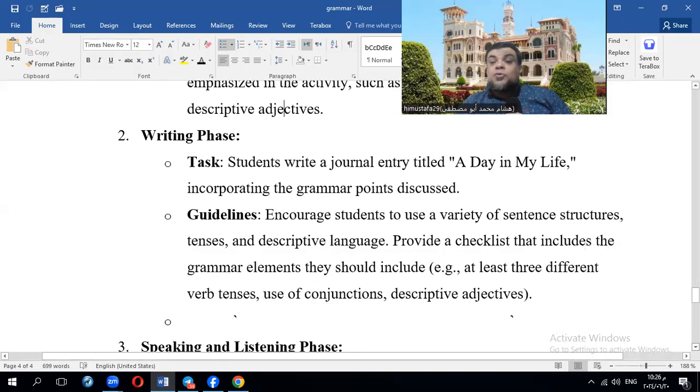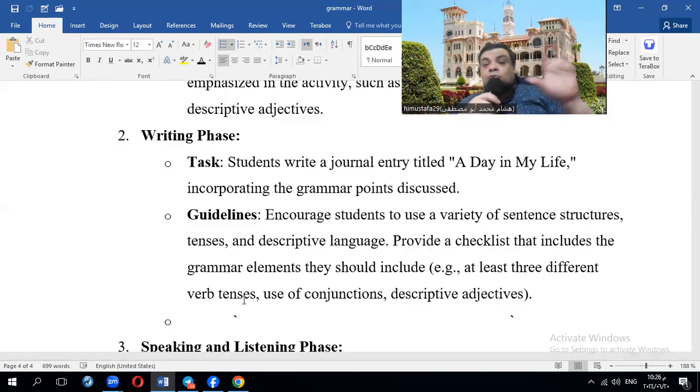Encourage students to use a variety of sentence structures, tenses, and descriptive language. Provide a checklist that includes the grammar elements they should include: at least 3 different verb tenses, use of conjunctions, descriptive adjectives. So I give them what they should use, not just helping words.